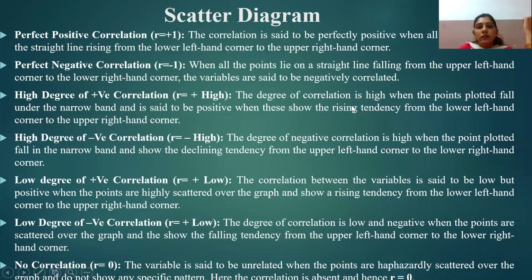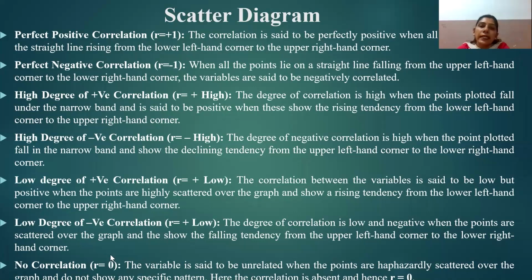The scatter diagram is categorized under these categories: perfect positive correlation, perfect negative correlation, high degree of positive correlation, high degree of negative correlation, low degree of positive correlation, low degree of negative correlation, and no correlation.